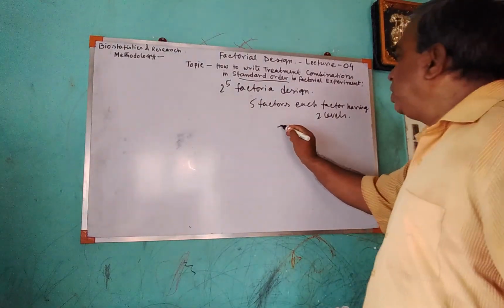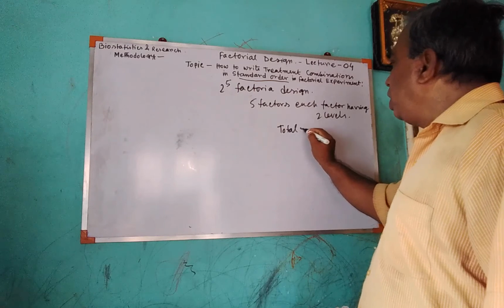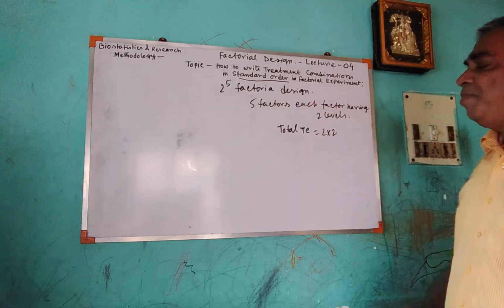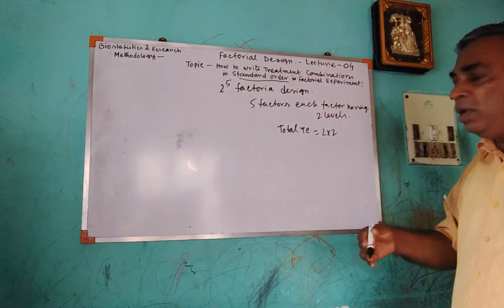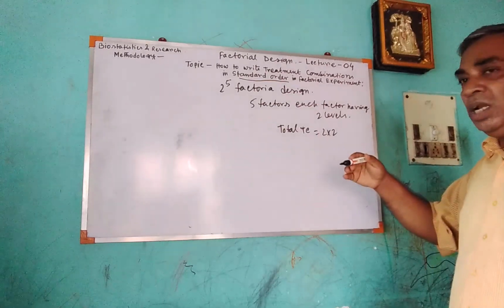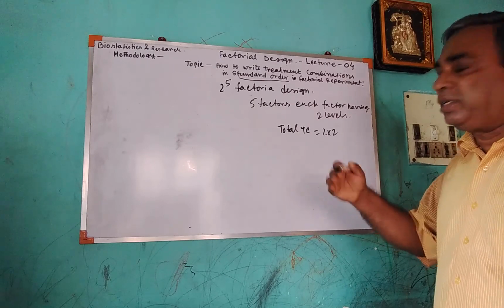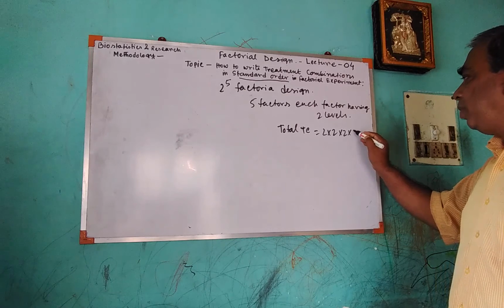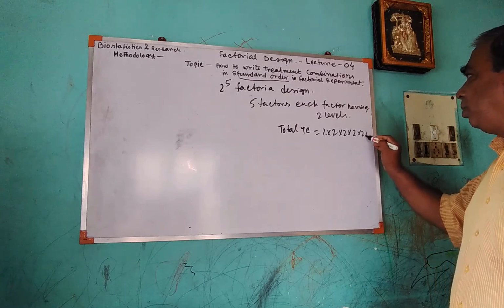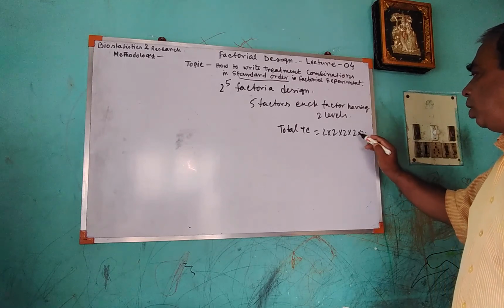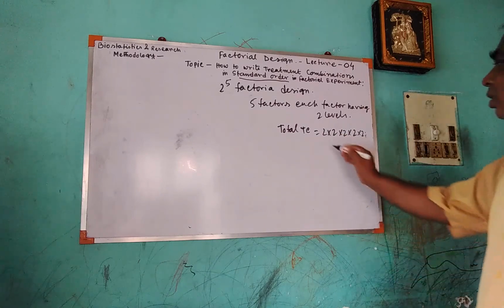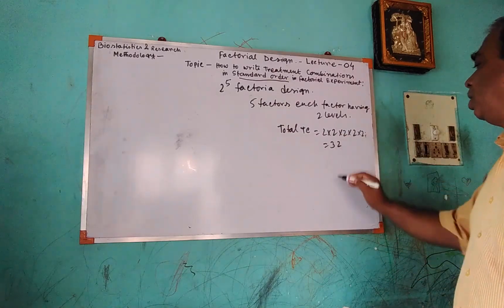To get the total treatment combinations you multiply the levels: 2 into 2 into 2 into 2 into 2, that is 2 to the power 5. That means there are 32 treatment combinations.